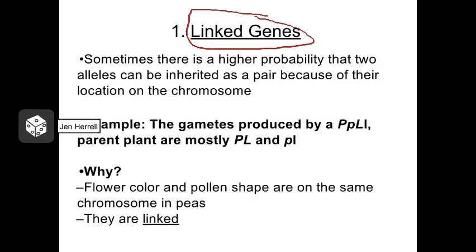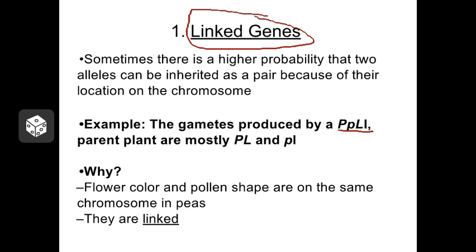Linked genes tend to travel together from parent to offspring and are not likely to be separated by crossing over. For instance, consider a pea plant with the genotype big P, little p, big L, little l. In other words, it's heterozygous for two different traits.